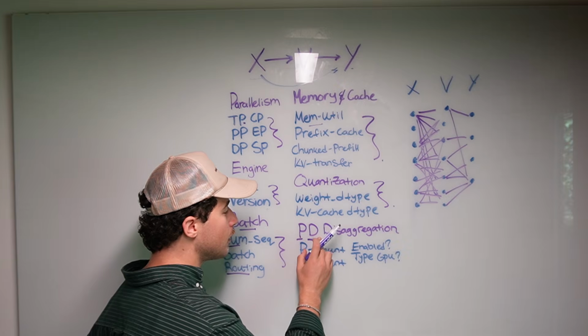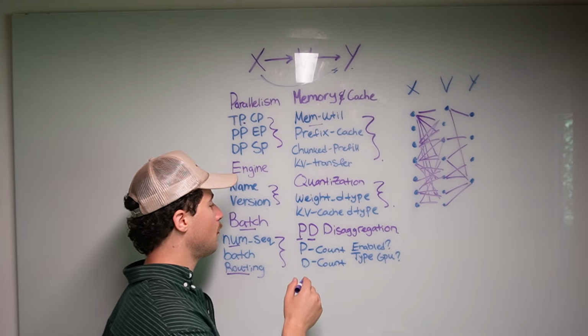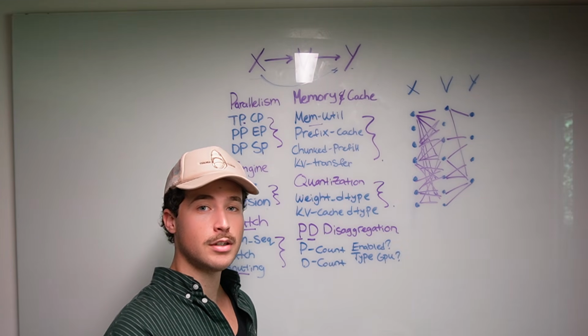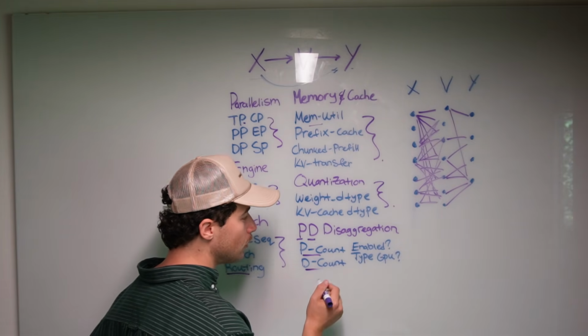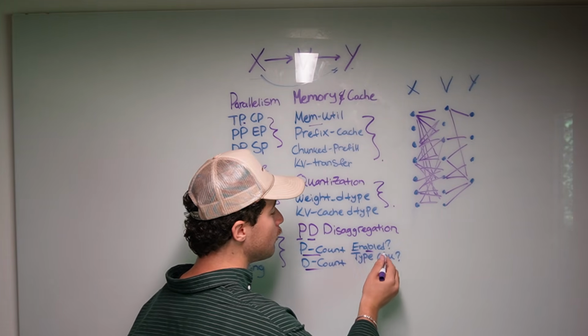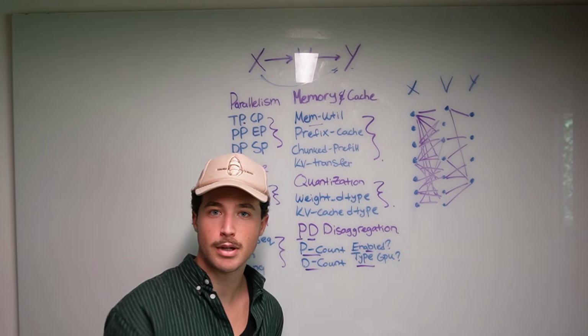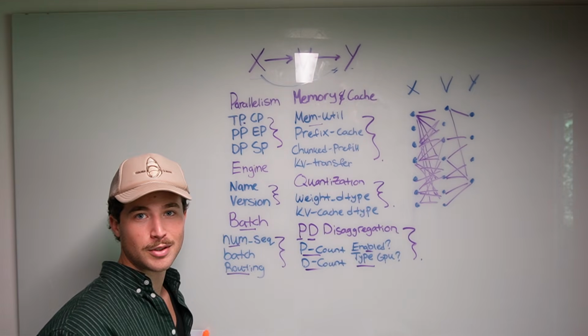So now you have to think about, okay, if I have a cluster of 10 GPUs, say, how do I split that cluster of 10 and partition it between prefill and decode? What's my prefill count? What's my decode count? Do I even enable it? For every type of prefill or decode, what's the GPU type that I'm actually using? That's another set of parameters that you have to consider.